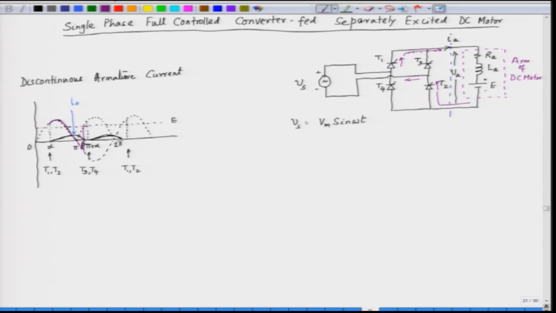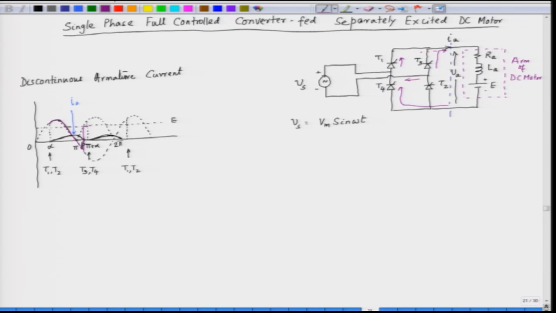So, it will be like this, and then at pi plus alpha, T3 and T4 are triggered. Again the current will be diverted from this branch. We have the current which will now flow through T3 and T4. So, the voltage across the load will reverse.